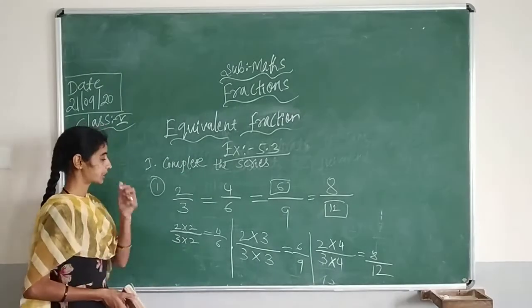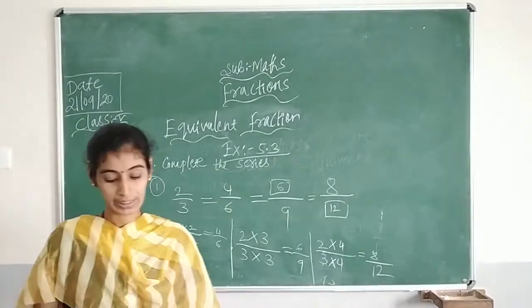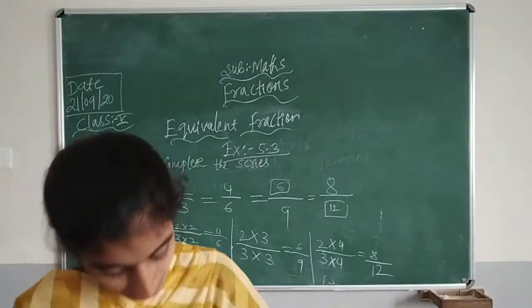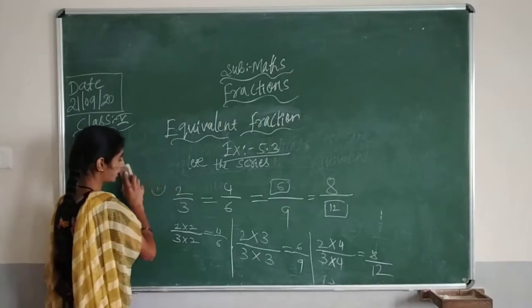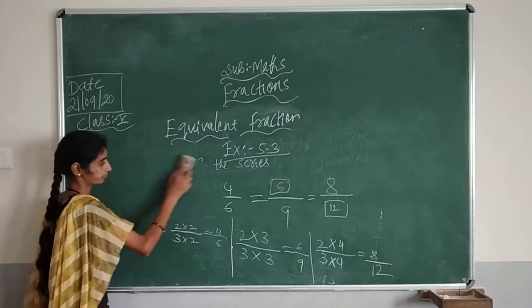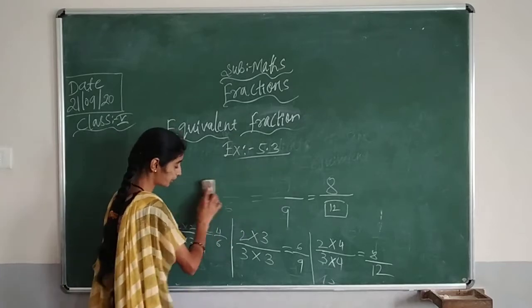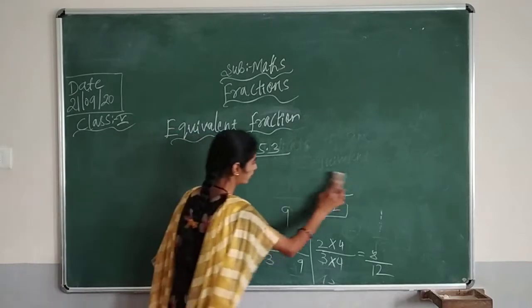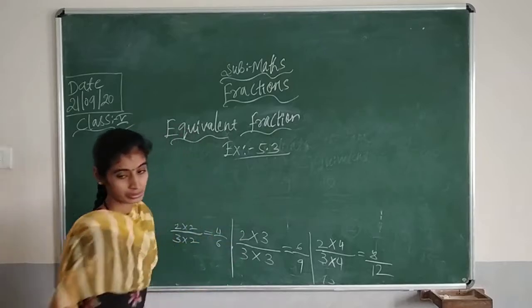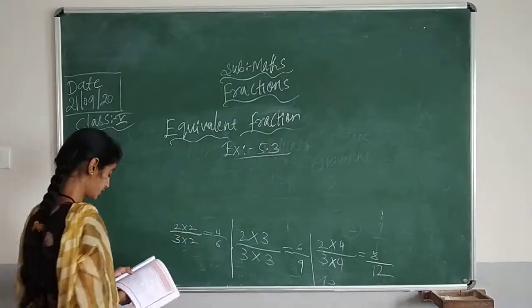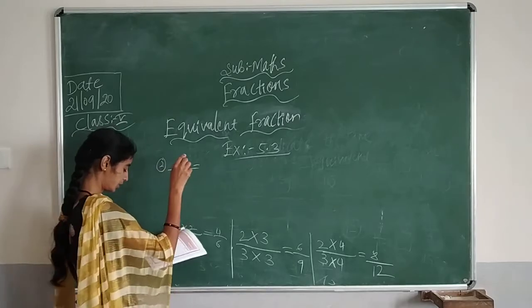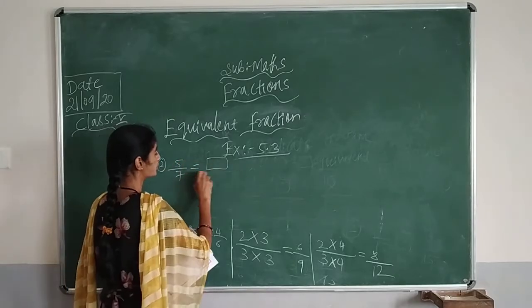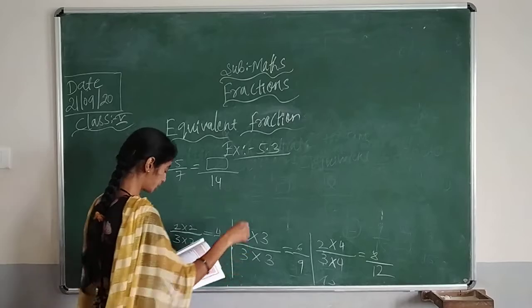Okay. Shall we see the second example, children? What is the second? 5 by 7. Second is 5 by 7. So the heading remains the same, children. Heading remains the same. Second, it is 5 by 7 equals box, where they have given 14.